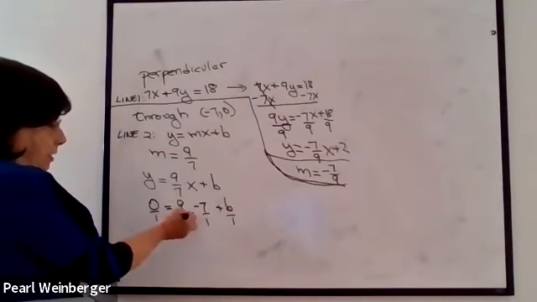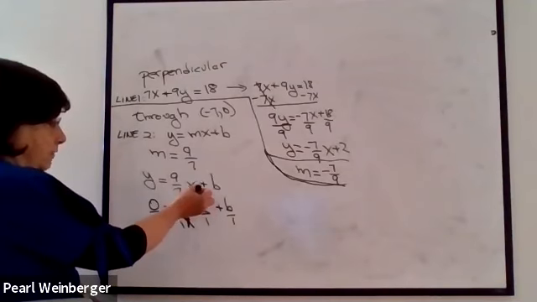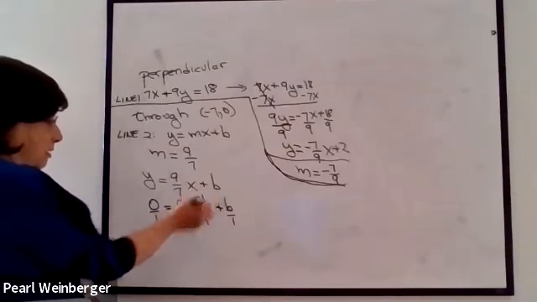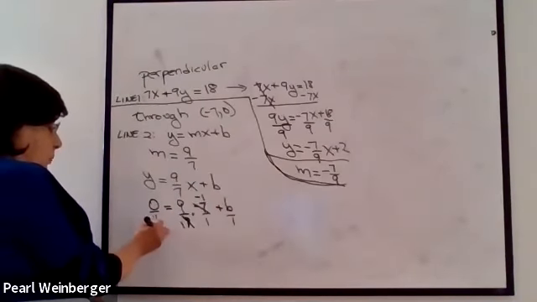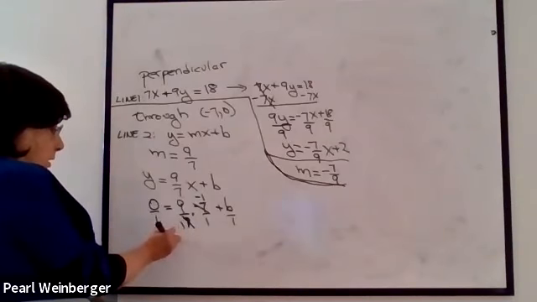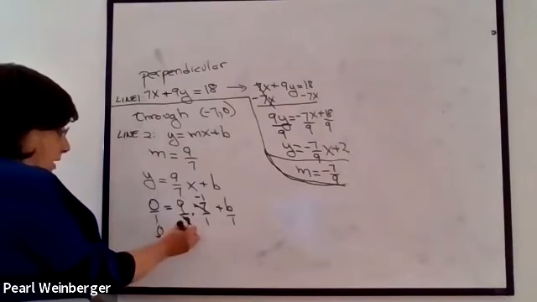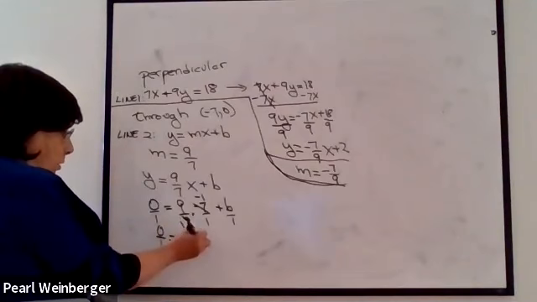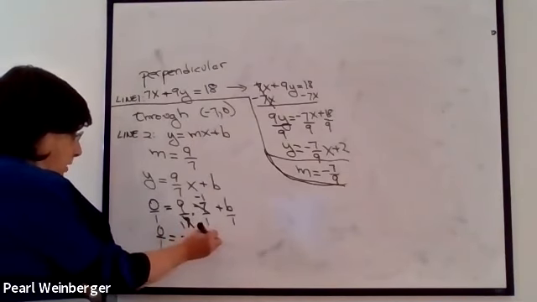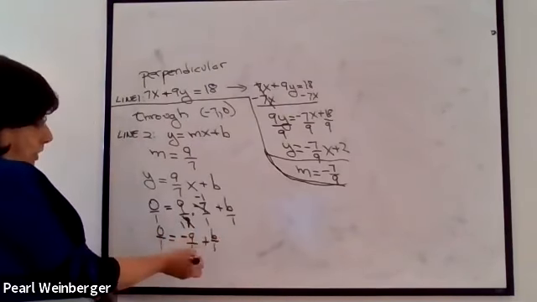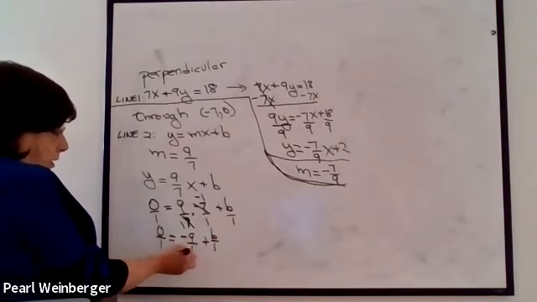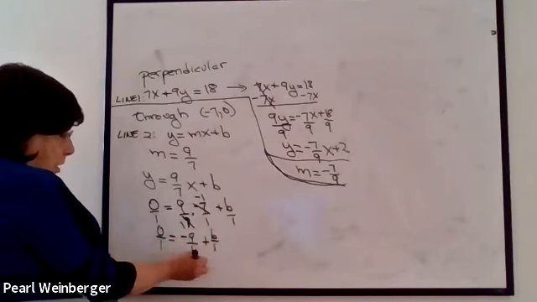And we're again lucky this cancels out. 7 into 7 is 1, 7 into -7 is -1. So I end up with 0/1 equals -9/1 plus b/1. And if I want to get the b alone, I'm going to add 9 to both sides.